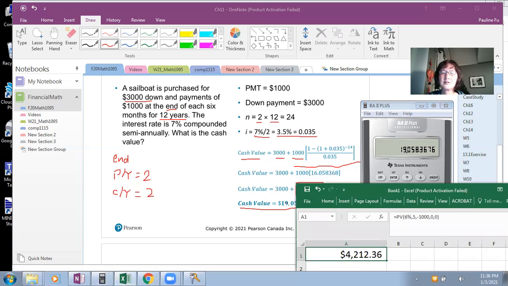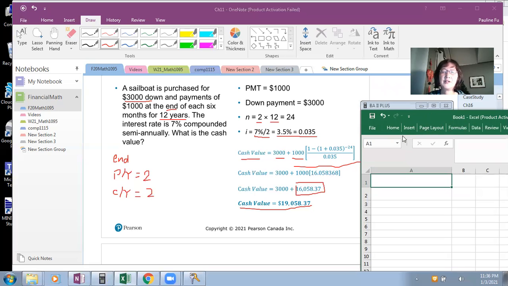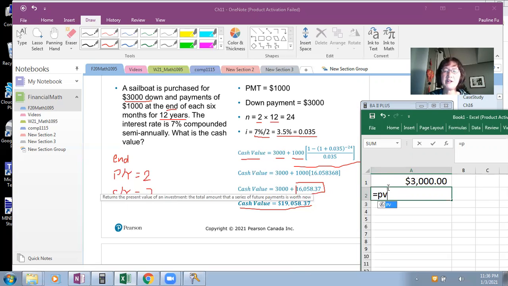Now, Excel. For Excel, we type in 3,000 here. This is the down payment. And next, we calculate the present value of the annuity, PV. Rate is 7% compounded semi-annually, so 7% divided by 2.